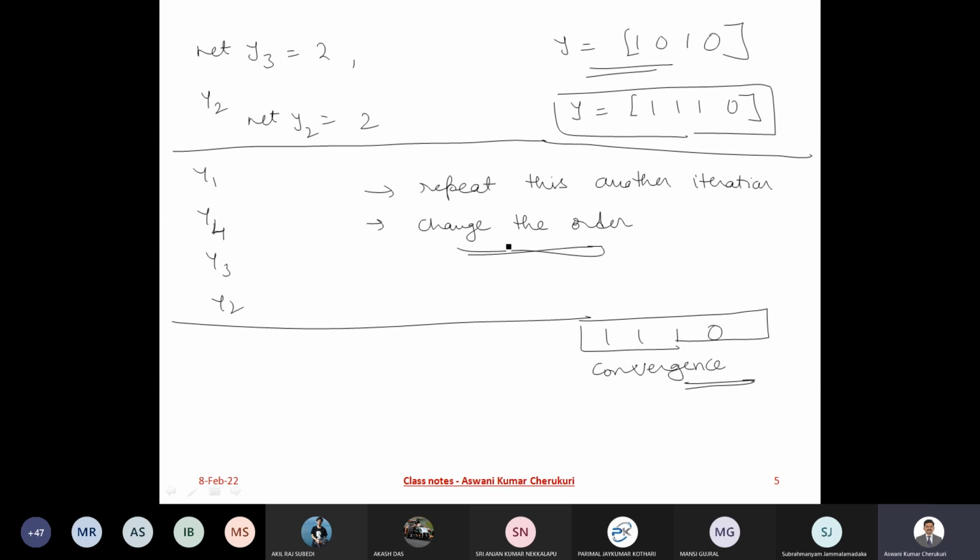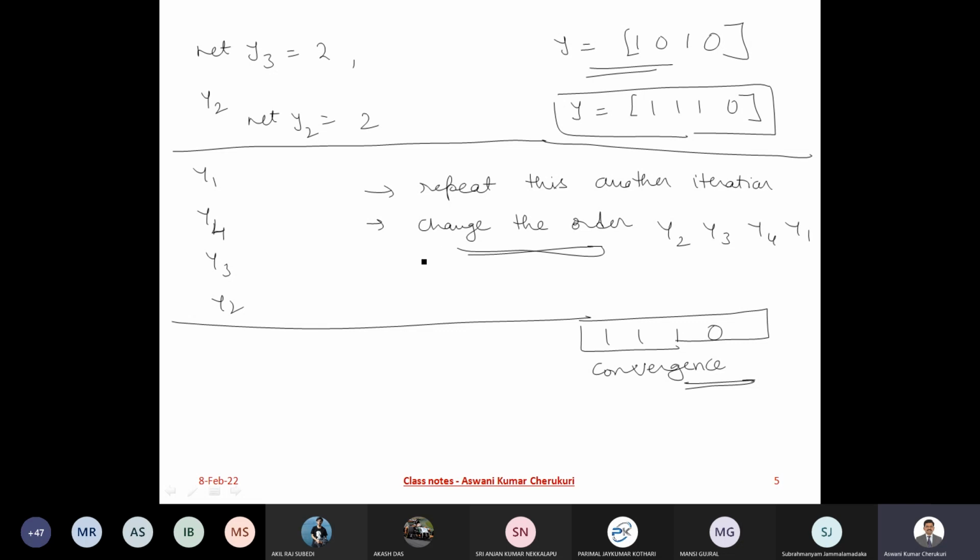You can even use the reverse order: y2, y3, y4, and y1, because the network works in random order fashion. And remember that every time we are updating or calculating for only one unit, not for all units.